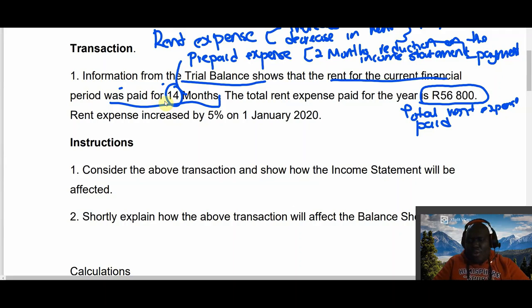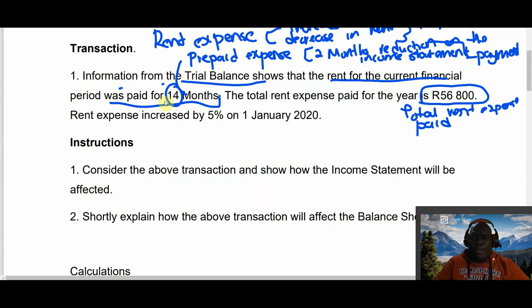So we paid them for a period of 14 months, and then by accounting principles, we are supposed to pay them only for 12 months in that period, where in our financial period, we're only supposed to pay for 12 months. So anything that is extra, we must make some adjustments in our books.